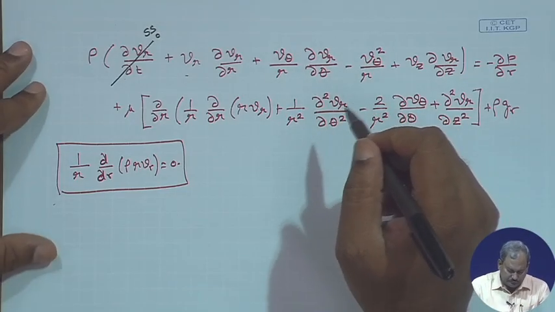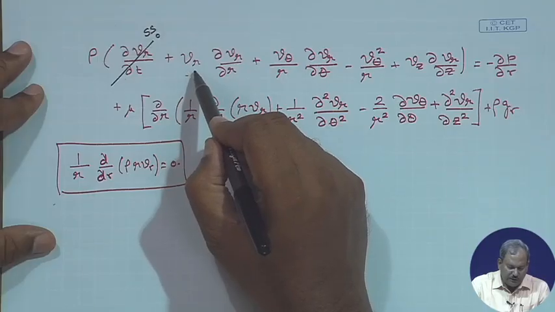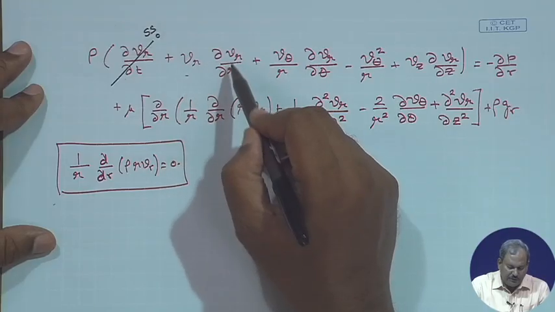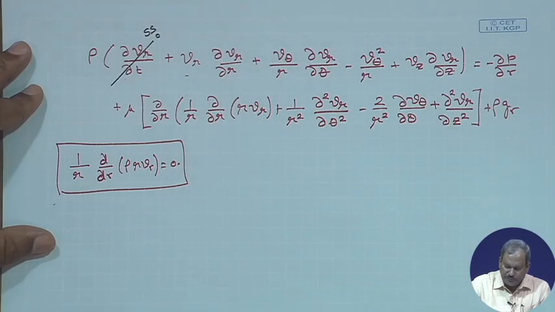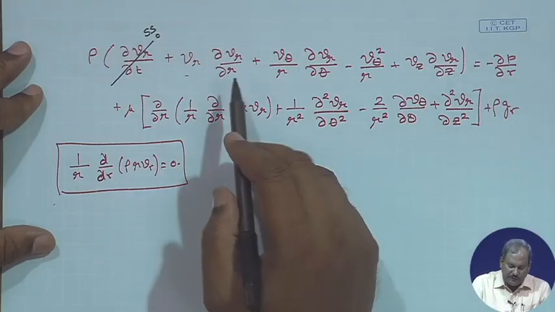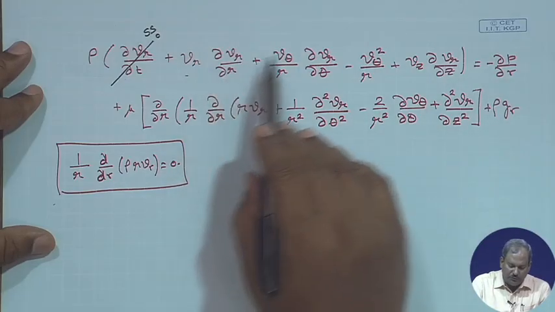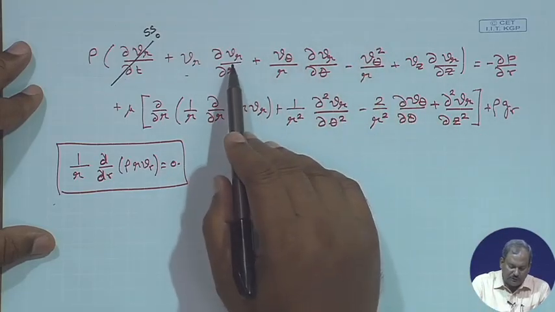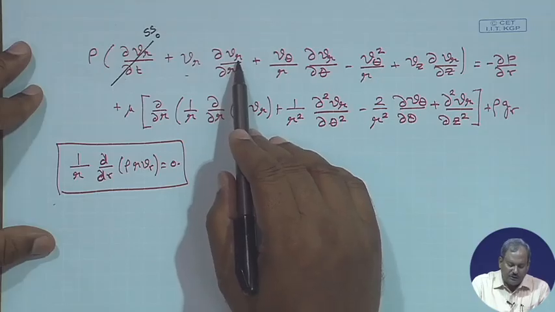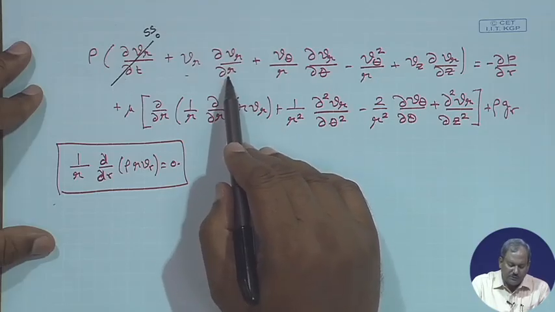So, here Vr is not 0, and del Vr del r is also not 0. So, as the liquid moves towards larger and larger values of r, the Vr has to reduce. So, Vr slows down with r.